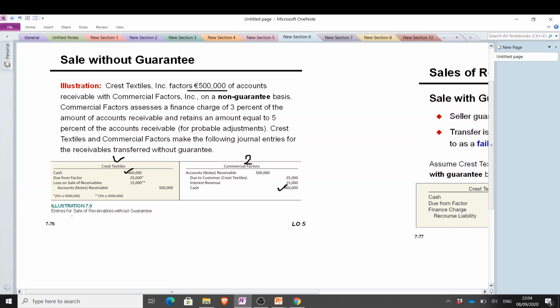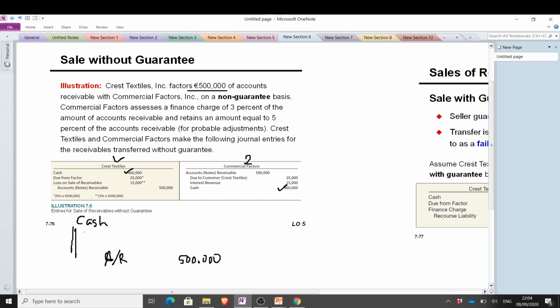So you look at here, since Crash Textile factors $500,000 of accounts receivable, it will credit accounts or notes receivable as much as $500,000. So what will they debit? The first one is cash.